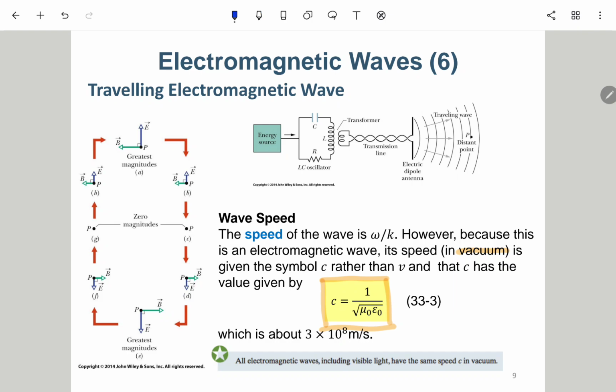In modern physics, like particle physics or special relativity, we may need to use 2.99 times 10 to the 8th power, or even more precisely 299792458 meter per second.